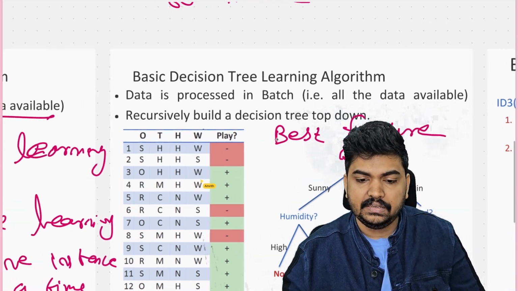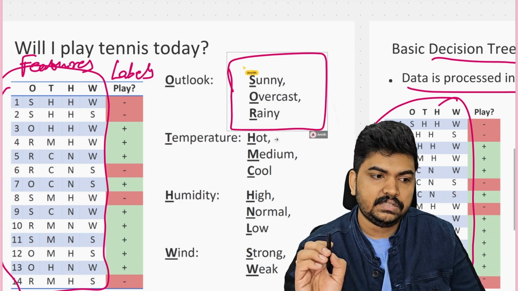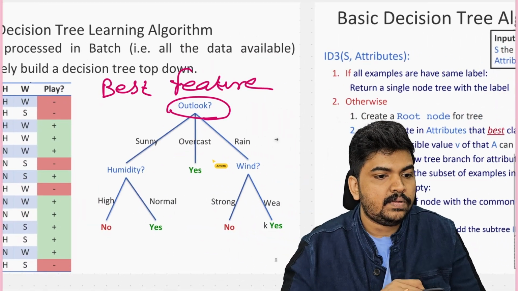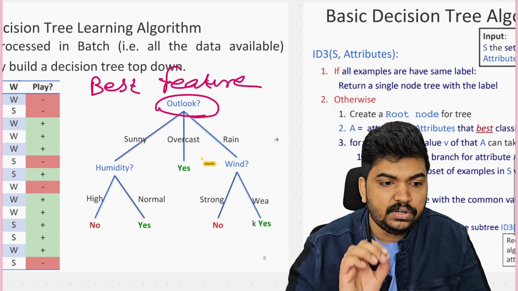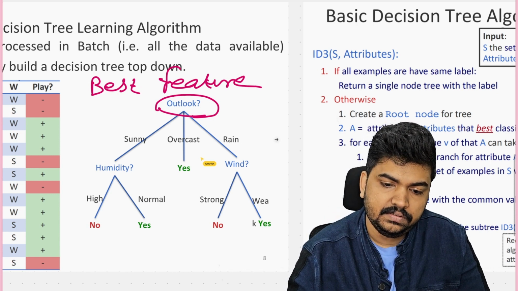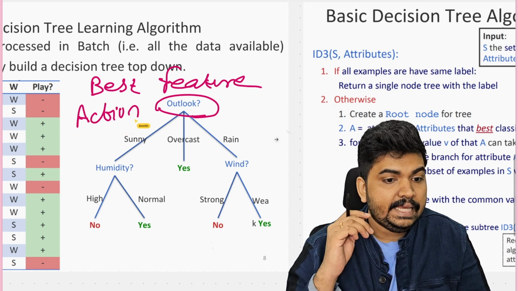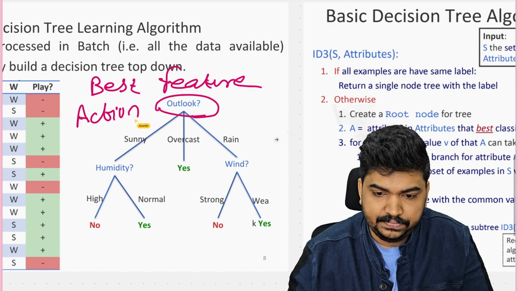It can take three different values: sunny, overcast, and rainy. The learner now needs to decide an action for each of the different values of the feature.